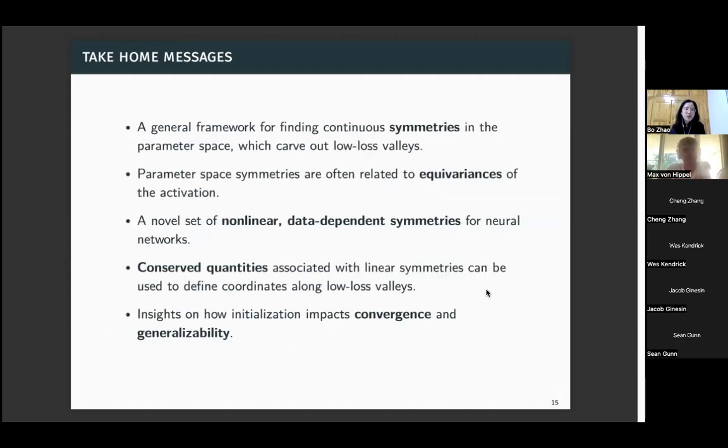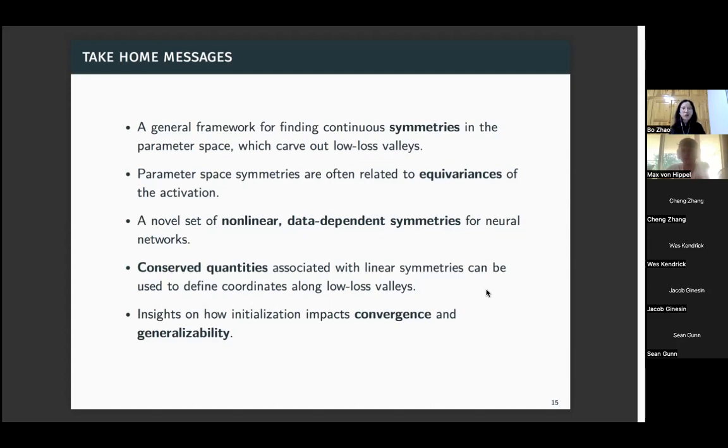So to summarize this talk, we find a general framework for finding continuous symmetries, and these continuous symmetries can be used to travel on the low loss valleys. We also find that these symmetries are often related to the equivariances of the activation. These equivariances allow us to find symmetries for different architectures.